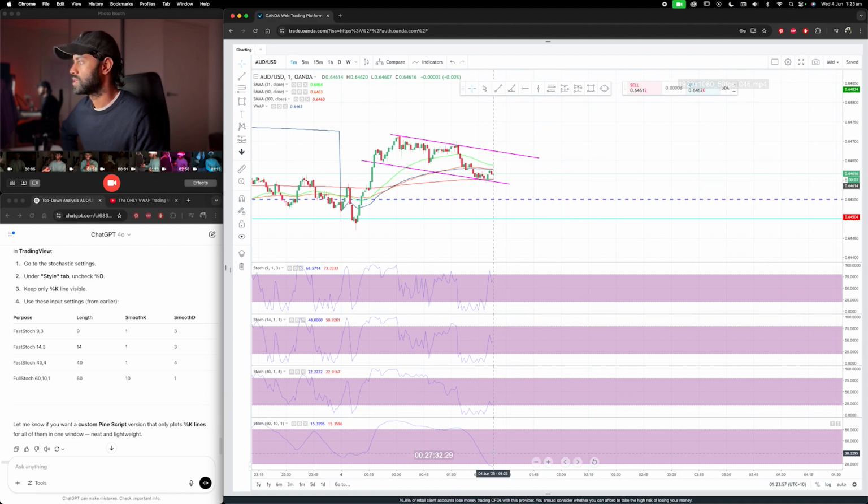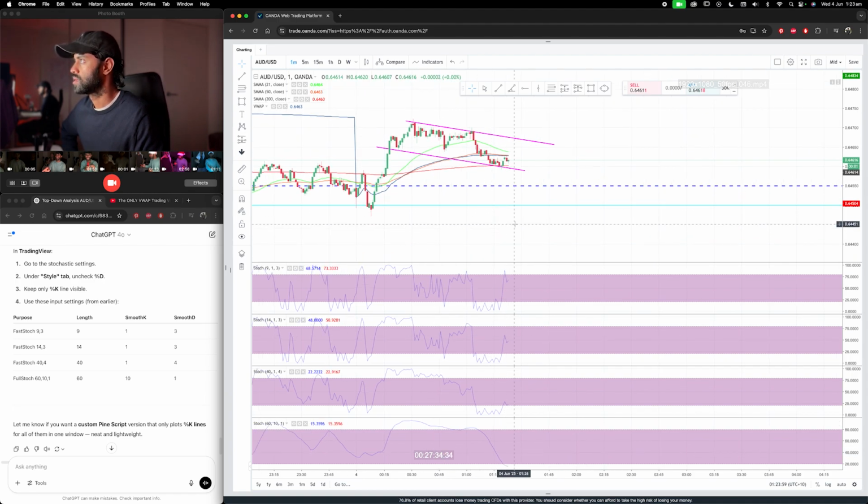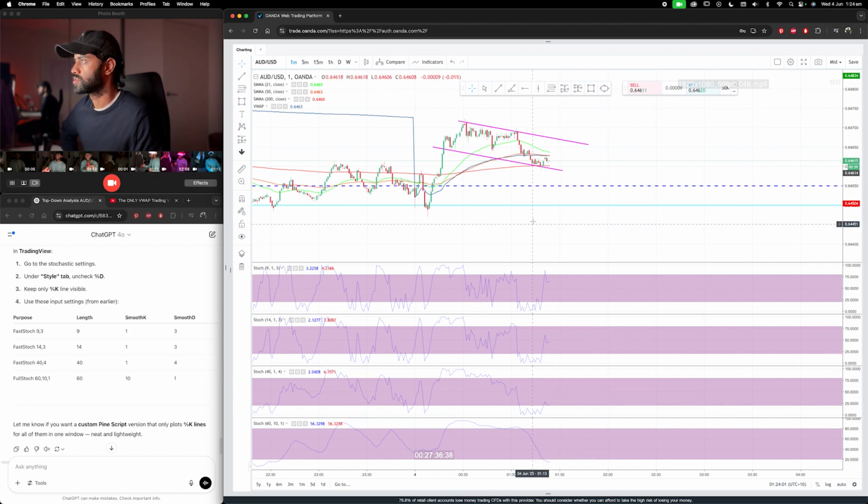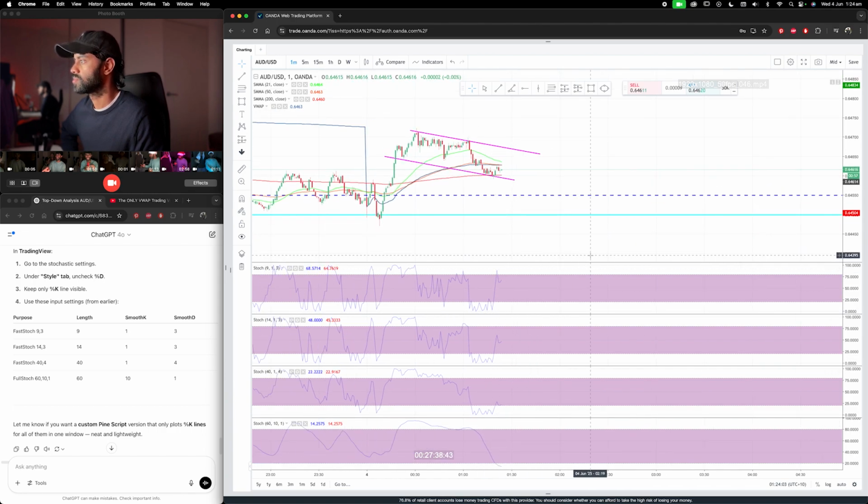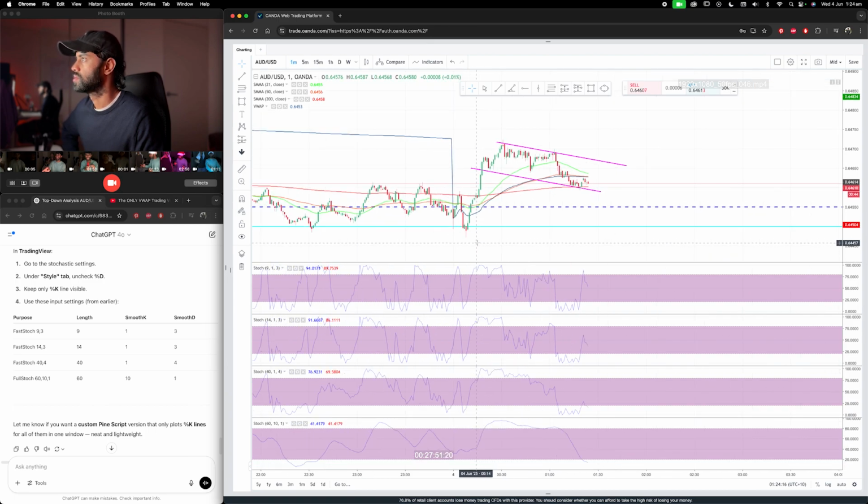At the 20, I want to see if the momentum's going to pick up again. If the momentum picks up... No, it's not. It's only at the rock bottom.